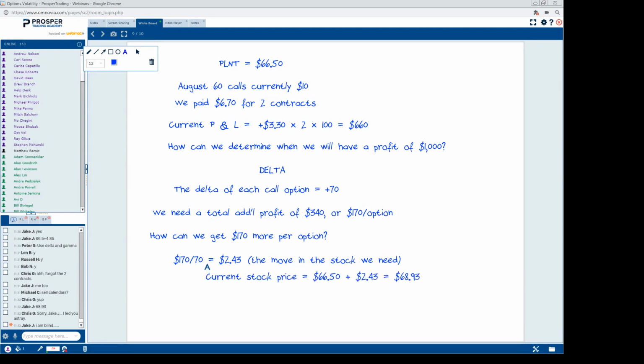Not going to be precise to the penny, but if the stock rallies to about that level, you are going to see an increase just from delta. Again, nothing else. Not gamma, not vega yet, but just from delta, this would get the values of these options up to where you need them to be to have a total profit of $1,000.